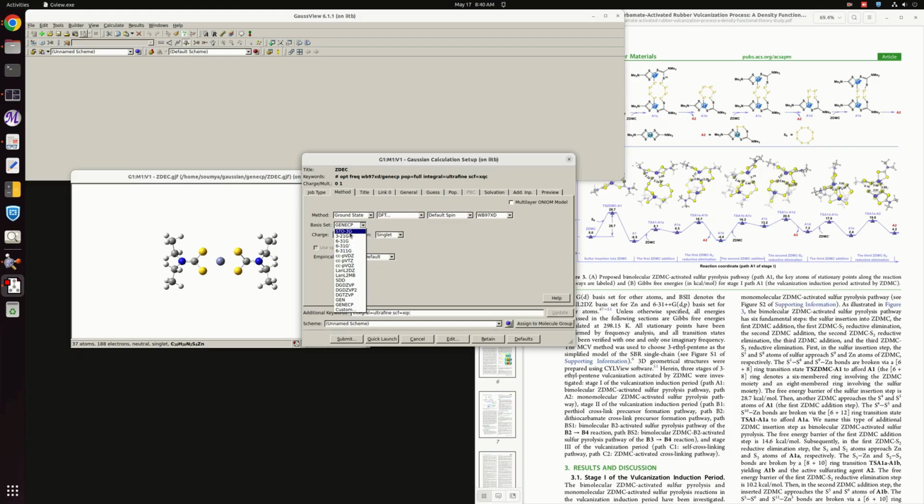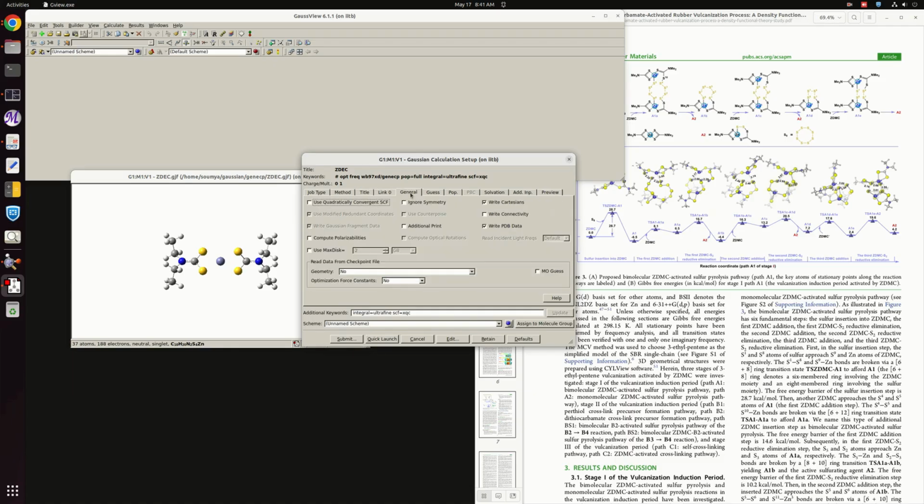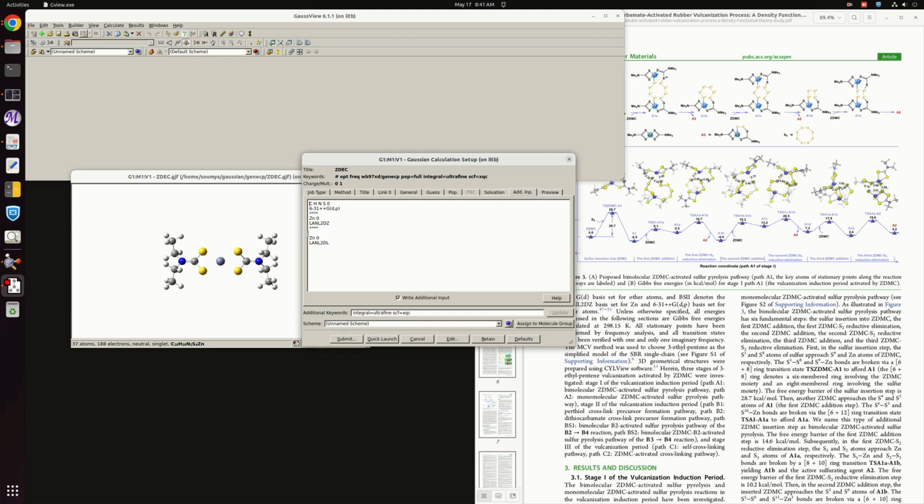All these options are available here. You can simply click on this, and the rest are all simple and similar. Here we have only provided that one extra line, which specifies the effective core potential, which is the ECP part. This is the one which we have added.